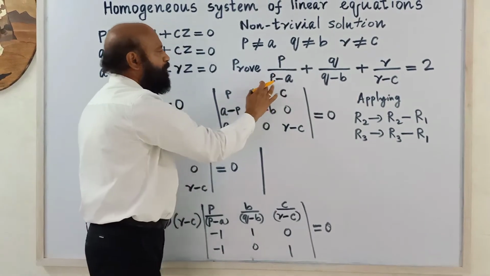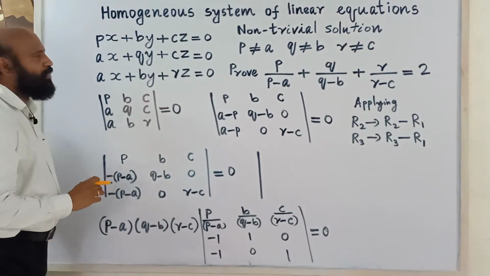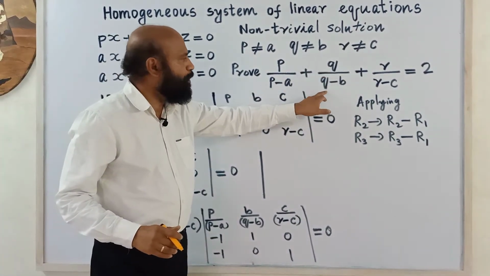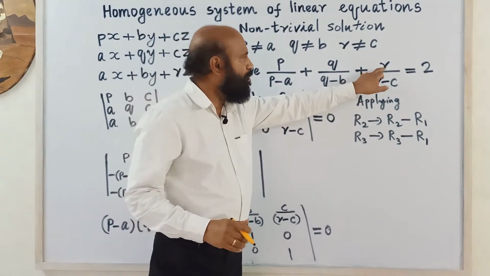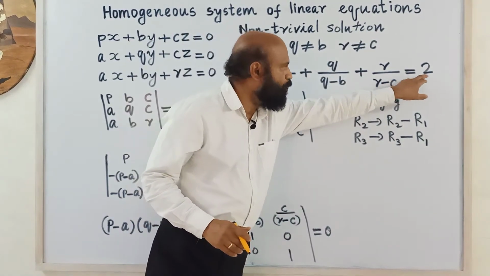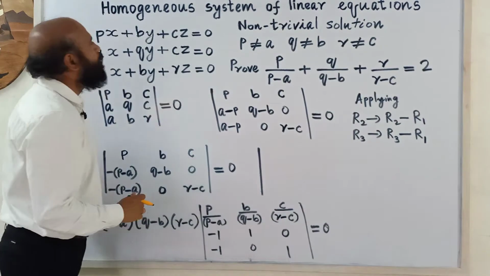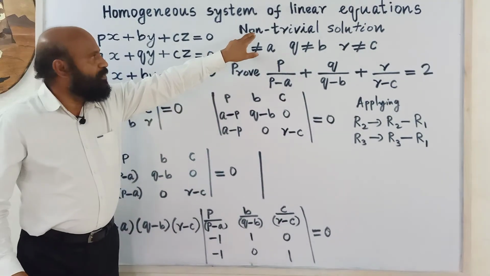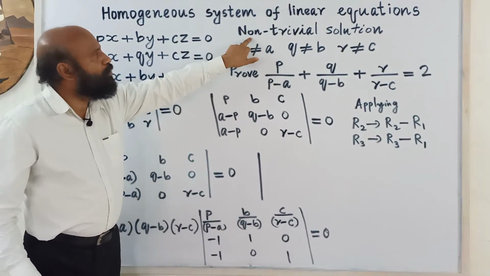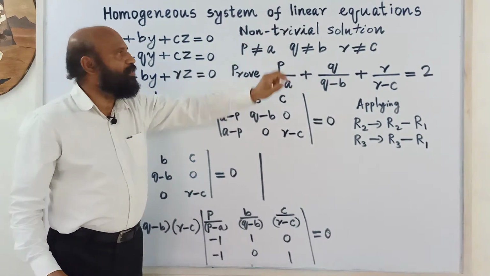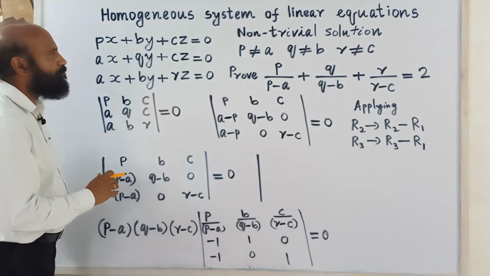P divided by P minus A plus Q divided by Q minus B plus R divided by R minus C is equal to 2. In the question it is given, it has got a non-trivial solution.